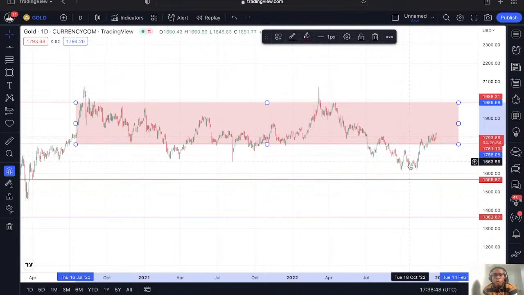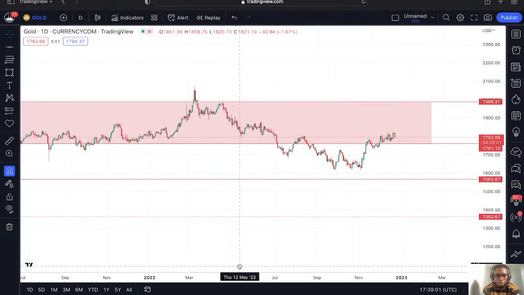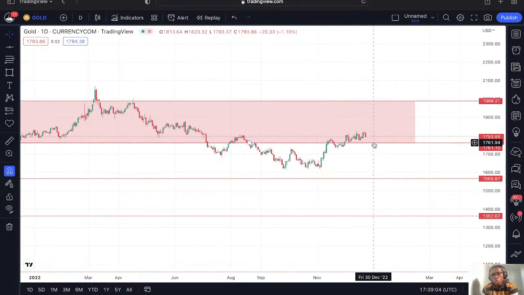Okay, that it is now totally out of the reversal pattern, right? It's now inside the resistance level. So we might not see gold going bearish at this point. We might not see it touching this level and going back up. So we can't decide so much for gold until we see its reaction at this support level. All right.